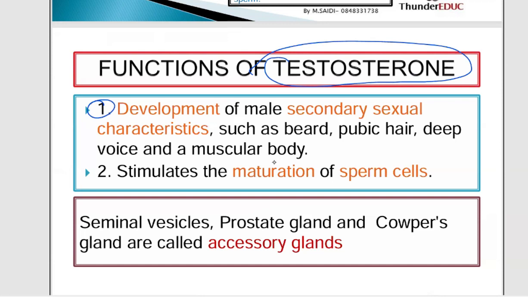Number one, secondary sexual characteristics in male. The things which make the man to be a man. If you don't have them, you are not a man. I'm not saying that if you don't have all, I said if you don't have them. So meaning that at least you must have something which shows that you are a man. So this is the secondary sexual characteristics which shows that you are sexually mature.